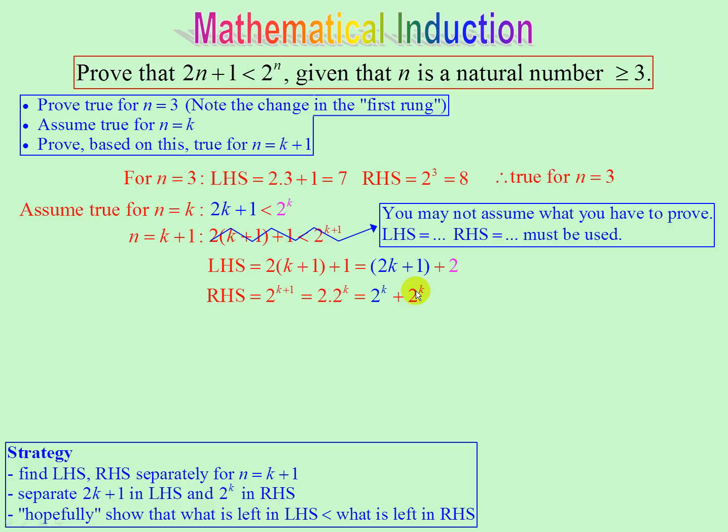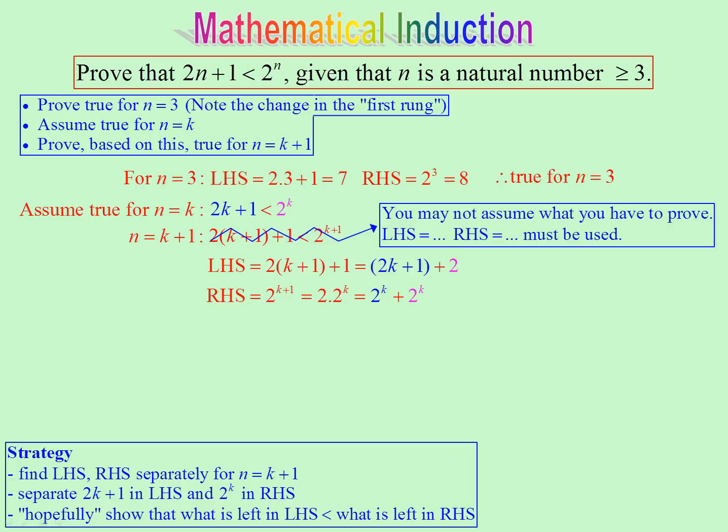Dog plus dog gives me 2 dogs. 2 to the k plus 2 to the k gives me 2 of 2 to the k. Now have a look. I know that that is less than that. There it is there. I must just show now that that is less than that.